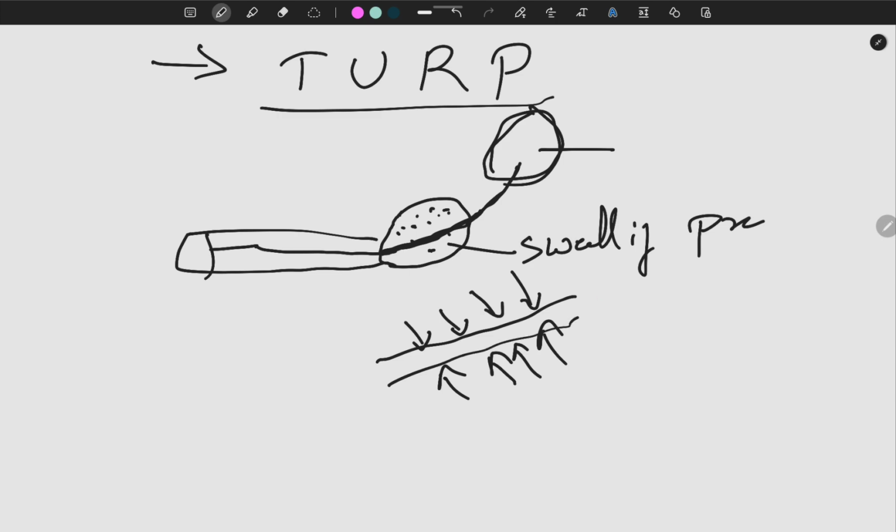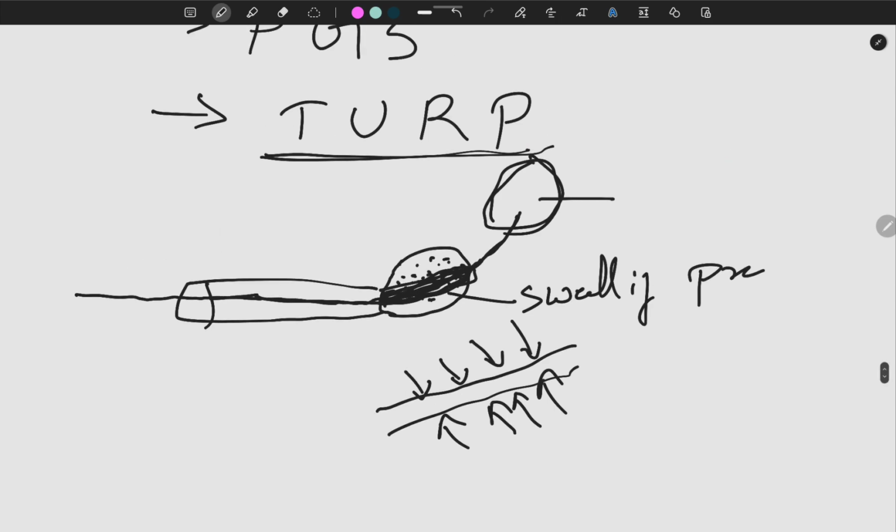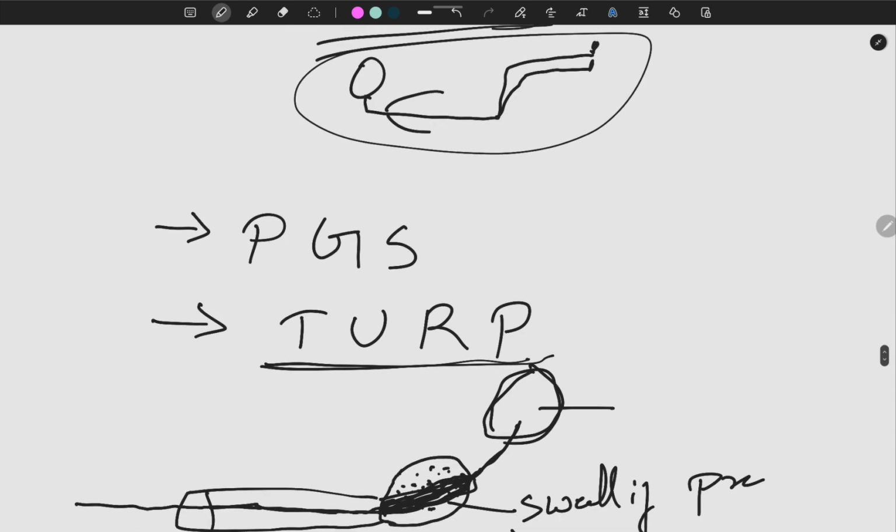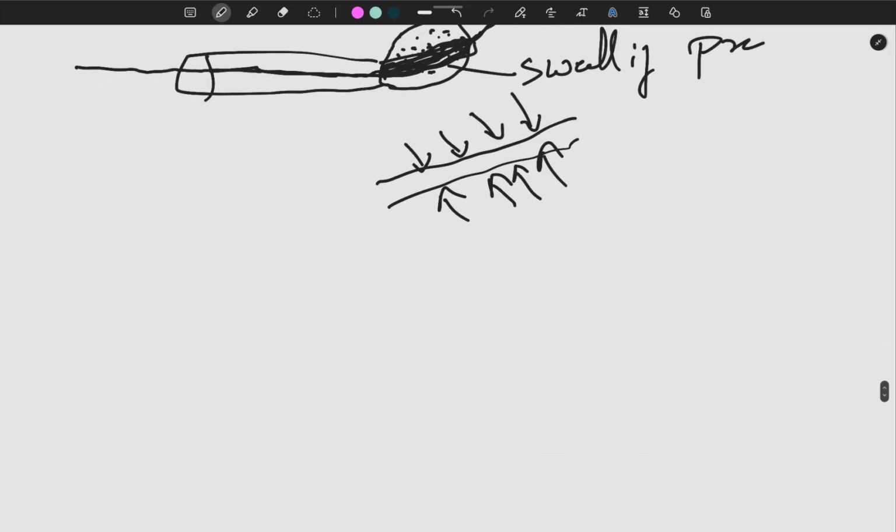So what will happen in the transurethral resection of the prostate? The scope will be inserted through the penis and they will remove some of the tissue which is near the urethra. So this is the tissue which is present near the urethra. They will remove it. So in this condition we go for the transurethral resection, and for this reason we can use the lithotomy position.